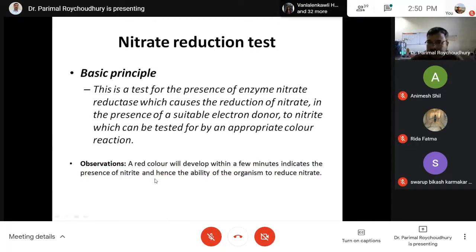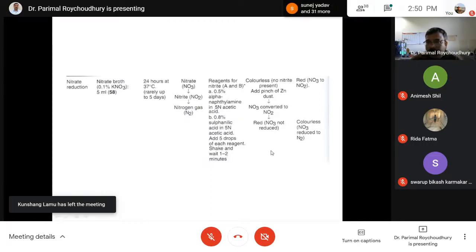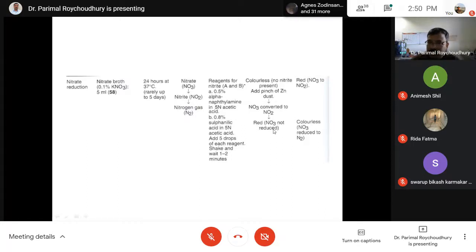Red color development takes place with a specific indicator, and the indicator we use is an alpha-naphthylamine and sulfanilic acid combination, and there is formation of red color of nitrite, and if there is conversion further, then it becomes colorless.